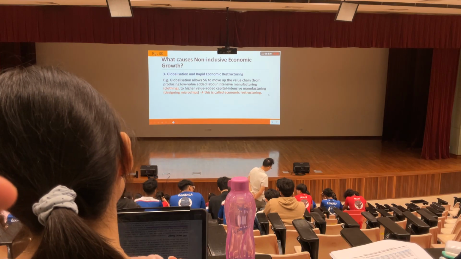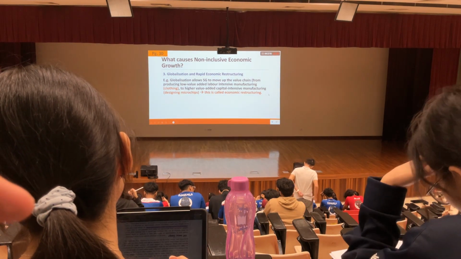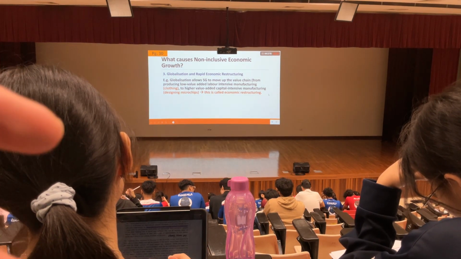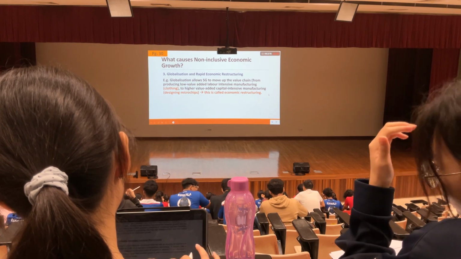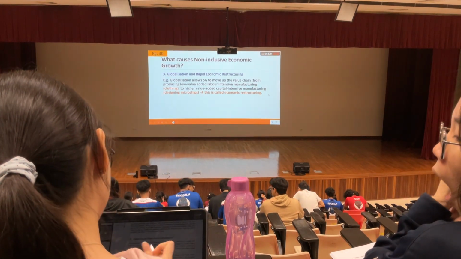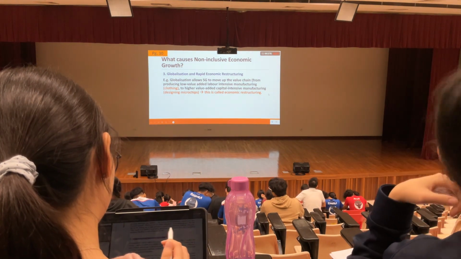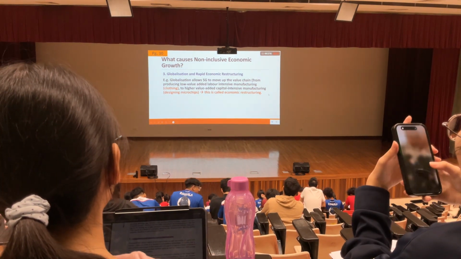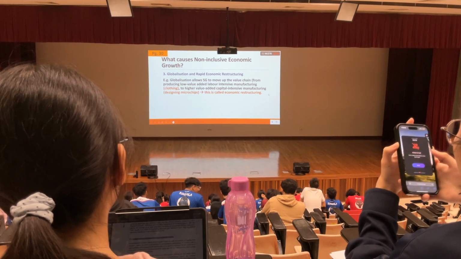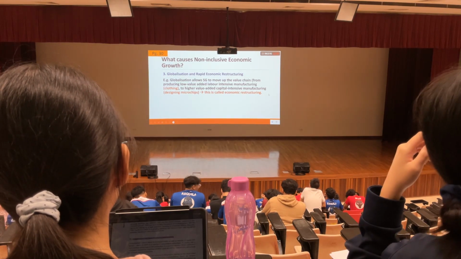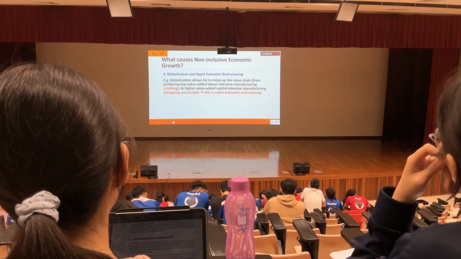Okay? So next, globalization and rapid economic restructuring. Globalization allows Singapore to move up to a higher value chain. If you can recall, in Singapore last time, we used to produce low value-added, labor-intensive goods like clothing.